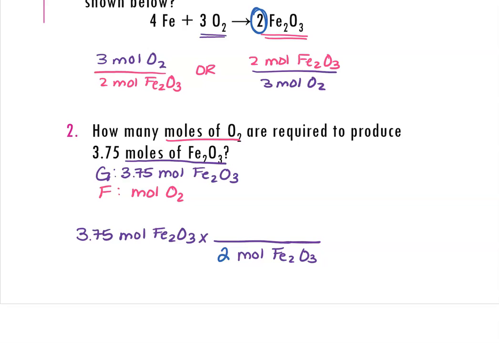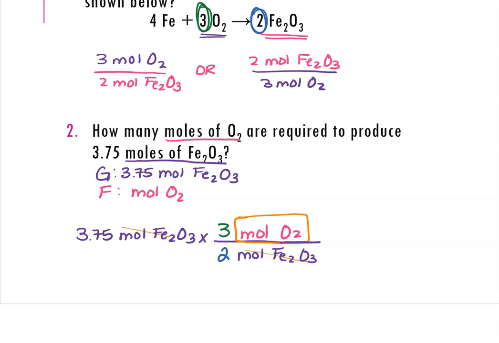So the moles of Fe2O3 cancel with moles of Fe2O3, and I'm trying to convert to moles of O2. So I'm going to put moles of O2 on top here, and again, I'm going to use the coefficient to fill that in. So what this is saying is that for this reaction, I need 2 moles of Fe2O3 for every 3 moles of O2, and that's going to enable me to convert my answer from moles of Fe2O3 to moles of O2.